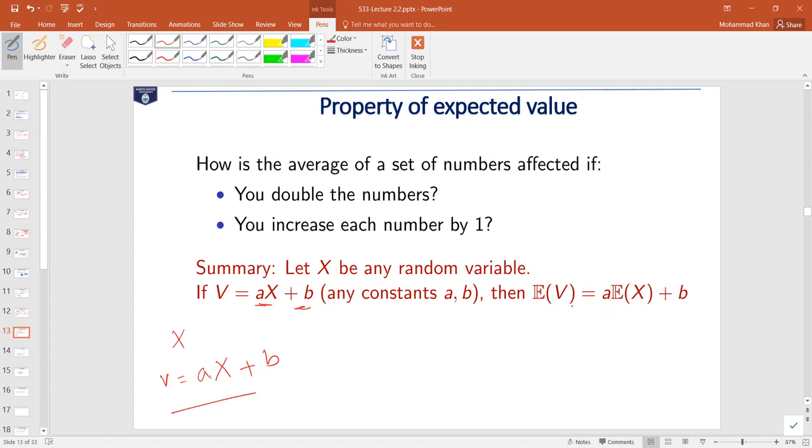But if we do that, then the expected value changes like this: it will be multiplied by a, and b will be added. So if we calculate the expected value of x and define a new random variable based on x, we can find the expected value of the new variable without going through the whole process, just using this formula.